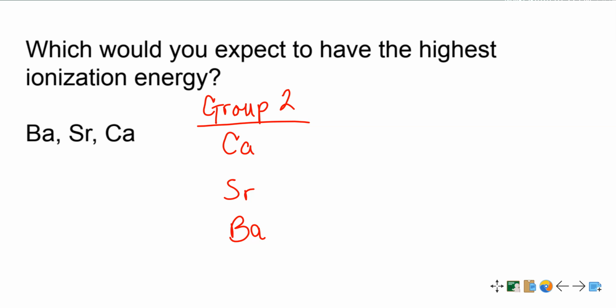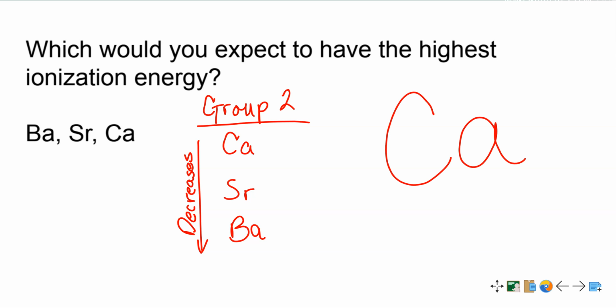Now we know that ionization energy, the cost, decreases as we go down a column. I can't believe I wrote that so well. Sorry, just marveling. So that means the one that has the most would be the one closest to the top, which is calcium.